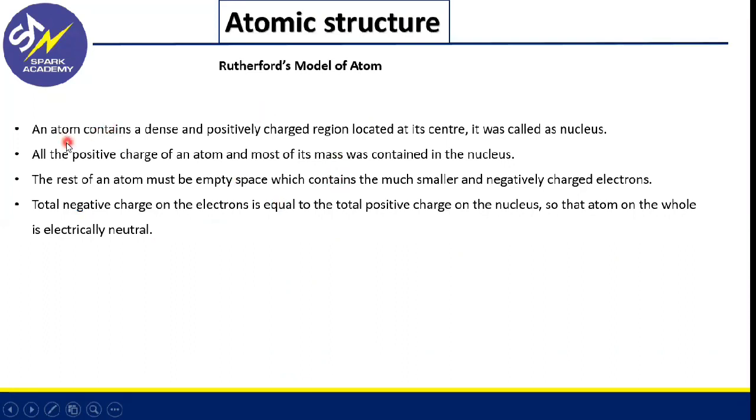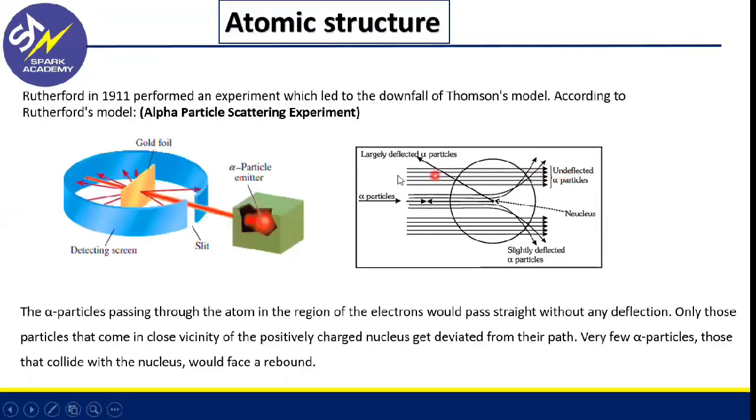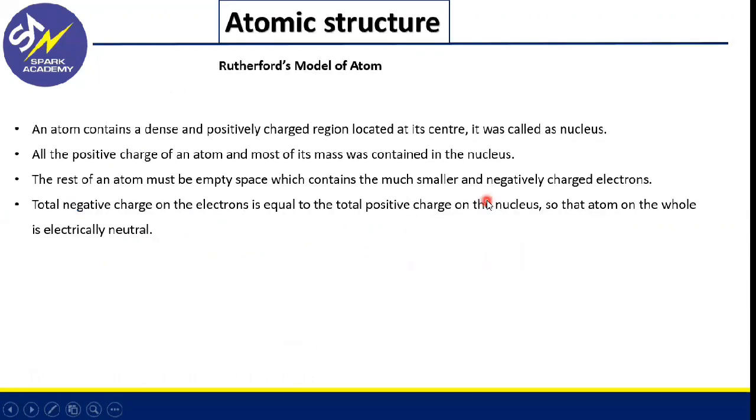He proposed that the atom contains a dense, positively charged region at its center, called the nucleus. All the positive charge of the atom and most of its mass is contained in the nucleus. The rest of the atom must be empty space containing much smaller, negatively charged electrons, because the particles were passing through without deflection.